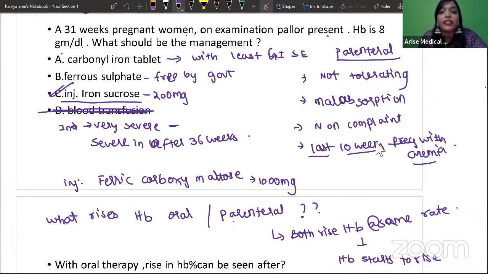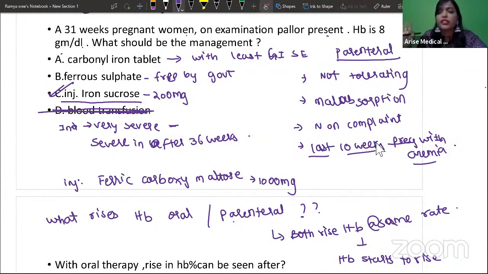am I giving parenteral? The woman who didn't take iron tablets for the past 30 weeks, do you really think I can trust that she'll take them in the last 10 weeks? Obviously no. Many of the Indian women we see drop in to us with hemoglobin 4, hemoglobin 5 in labor, and then they land up in failure.